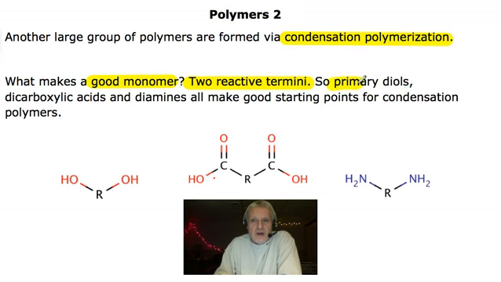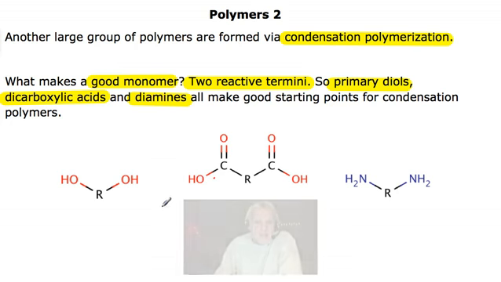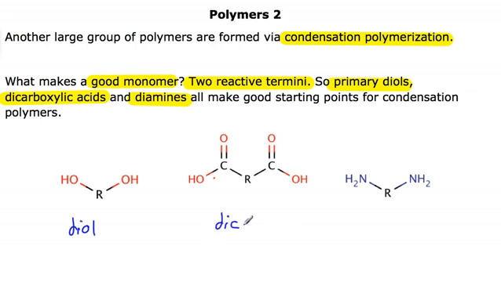So primary diols, that is OH groups on either end of a molecule, dicarboxylic acids, or diamines, all are good starting points for this type of polymerization. I'll just quickly show you what I mean by that. So here you have a diol. That OH group will be able to react with this dicarboxylic acid.